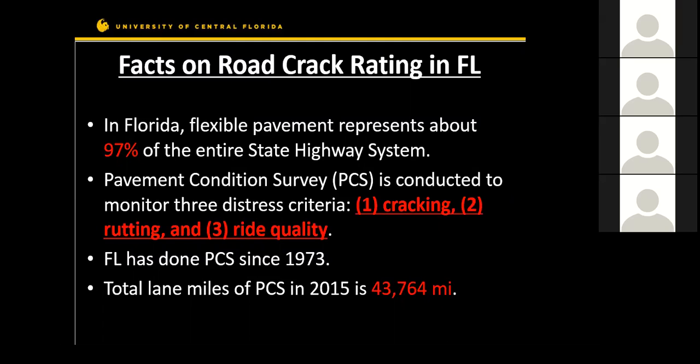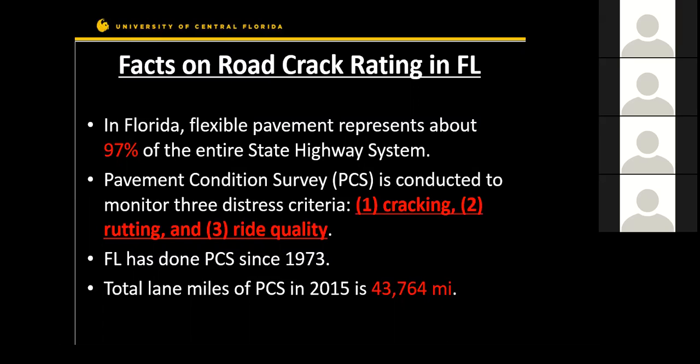For instance, in Florida, there are around 44,000 miles of road, 97% of which are flexible pavements. Although I'm talking about Florida, most of the states are using similar systems for evaluation or similar parameters. What Florida says is that 3 important parameters are there to evaluate the pavement: cracking, rutting, and ride quality.